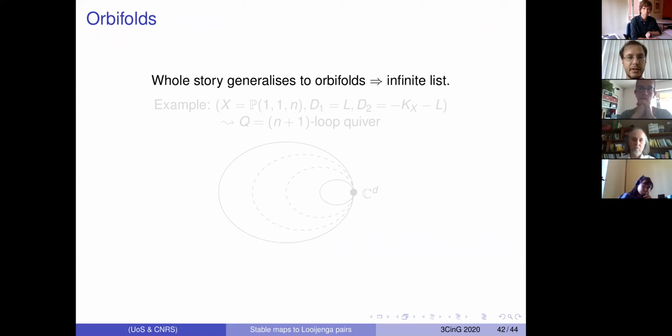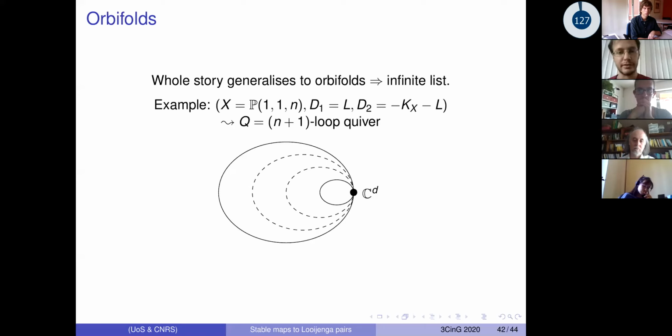Final thing that I want to say, everything I said generalizes by replacing variety with Deligne-Mumford stack pretty much everywhere. And I said that there was a finite list of examples, 21 of them, in the smooth case, but playing with singularities gives an infinite list. For example, we could take X to be the weighted projective plane P(1,1,n).